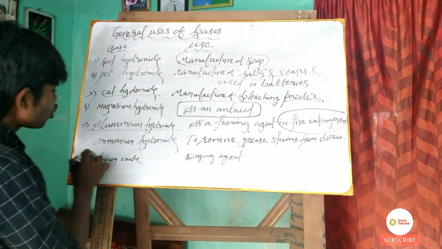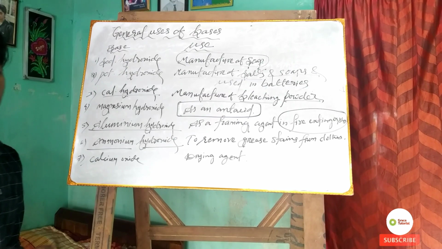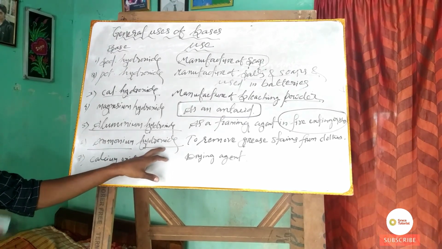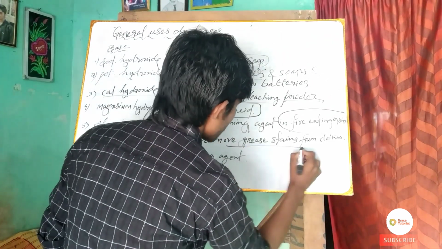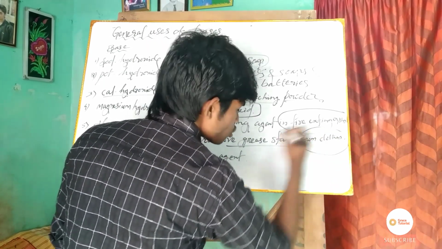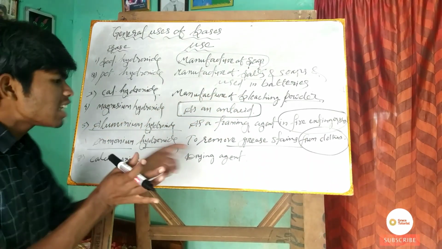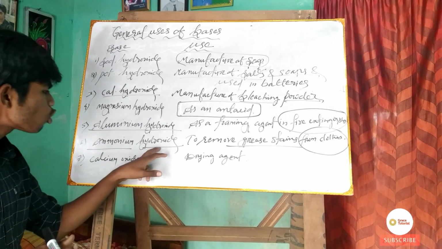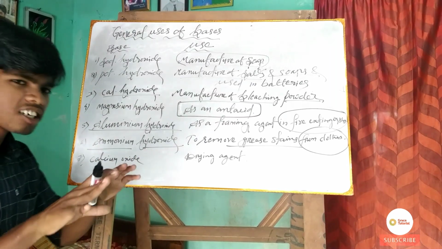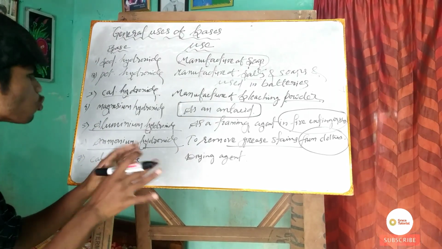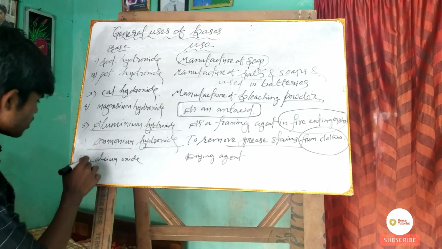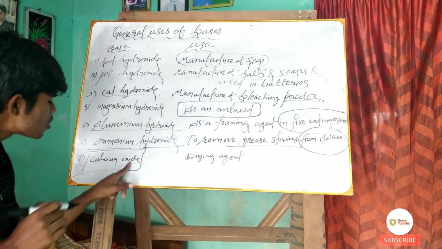Similarly, we have ammonium hydroxide, that is NH4OH. This ammonium hydroxide is used to remove grease stains from clothes, and it is very efficient at removing grease. Similarly, we have one more base, calcium oxide.